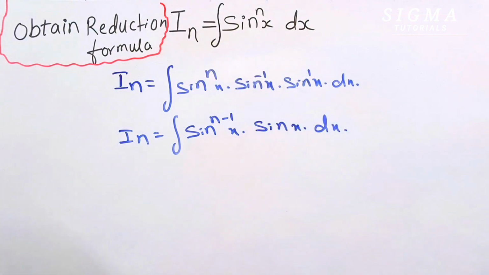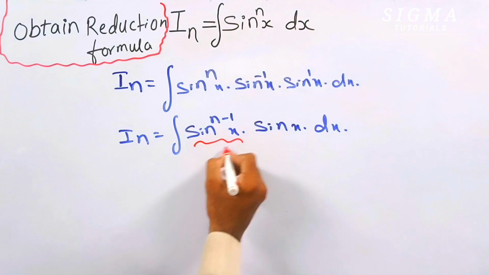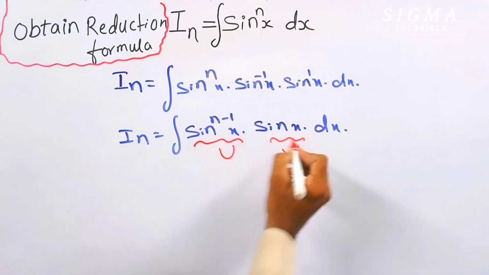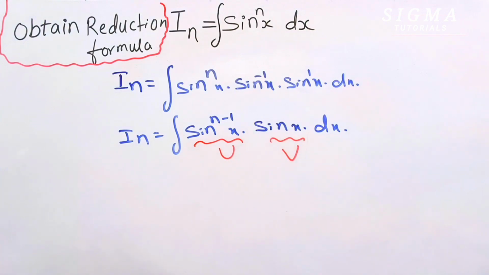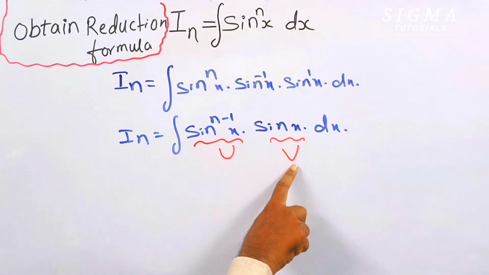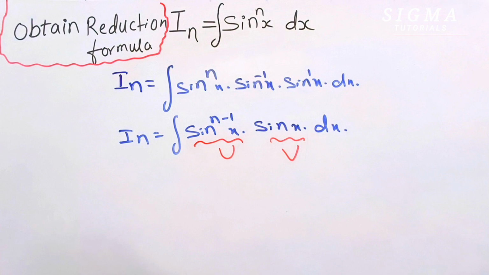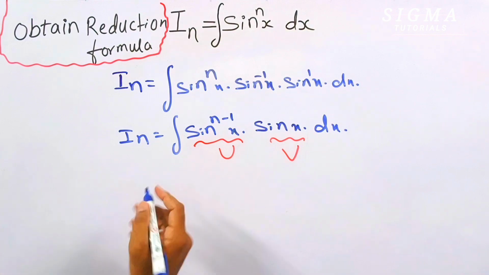Now this is in the form of u and v. So here we can use the formula for integration of u into v. For your reference, I will write that formula here.